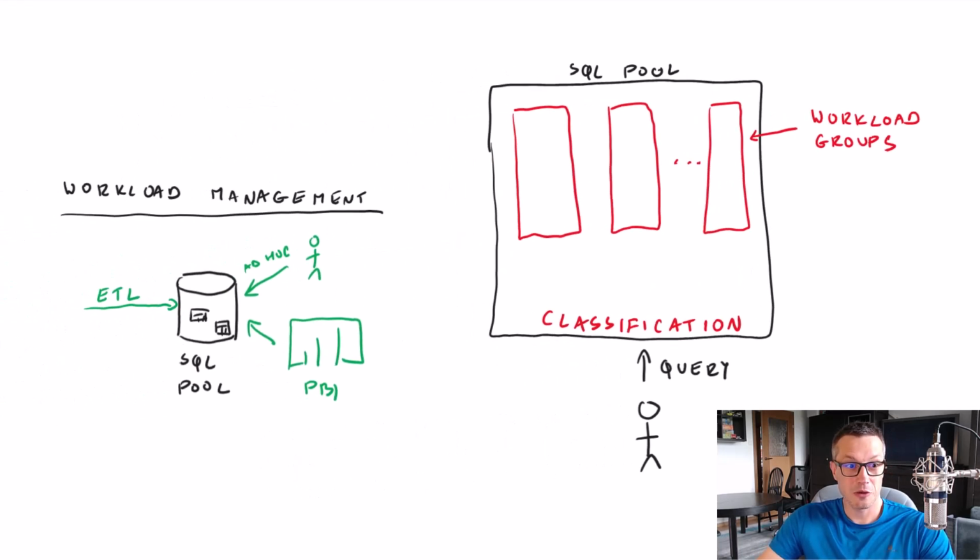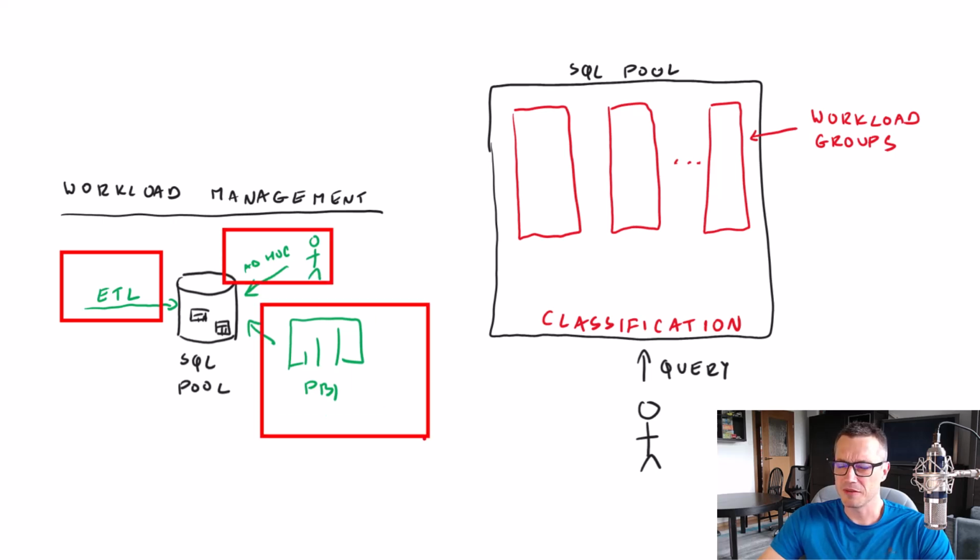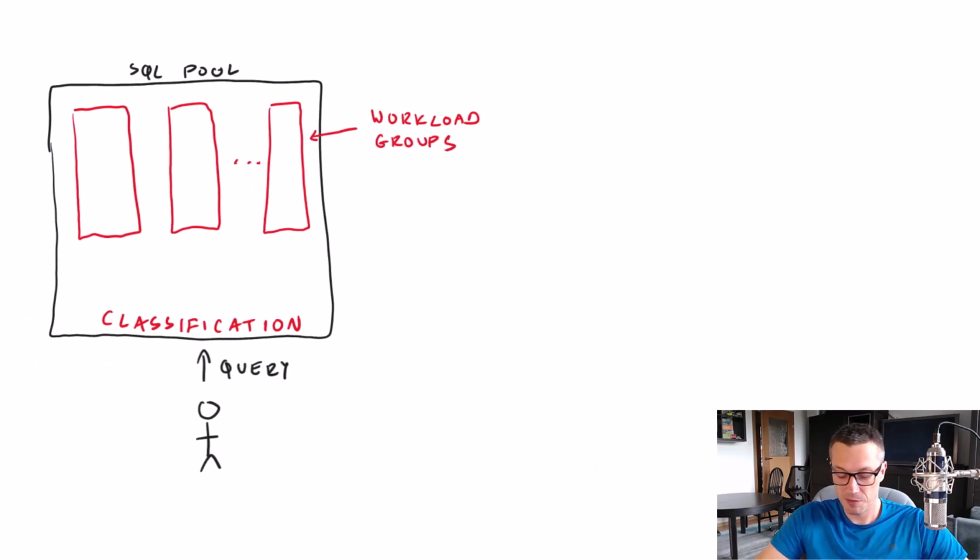And, well, you can take a look at those categories that we defined at the beginning of this session. So maybe we would define a workload group, a category for our ETL processes.